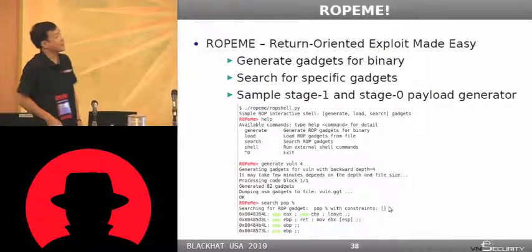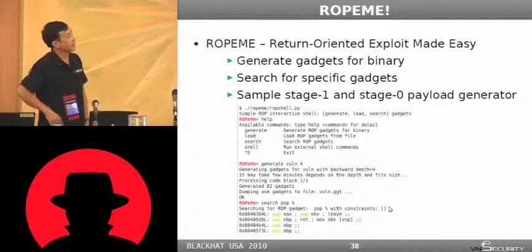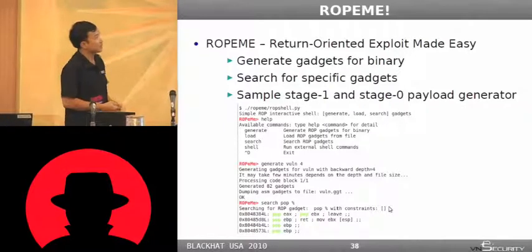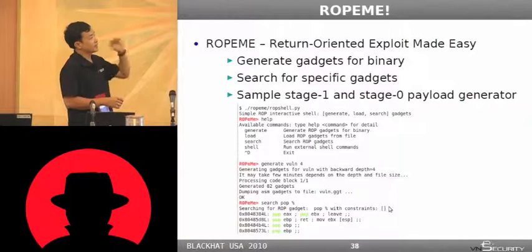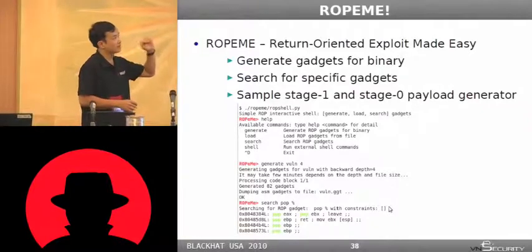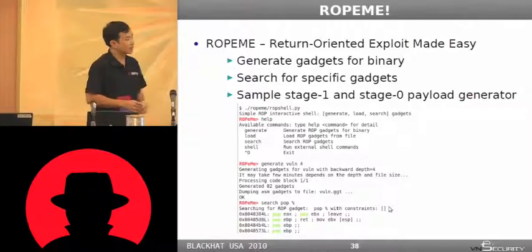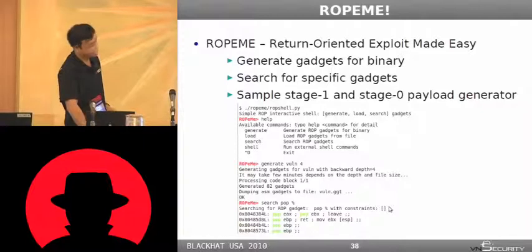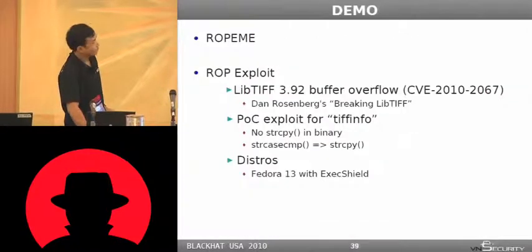The proof of concept tool is called ROE, return-oriented exploit, and it is easy. It can generate the gadgets for a binary, search for specific gadgets, and generate a sample stage 1 and stage 0 payload. We'll see a demo right after.